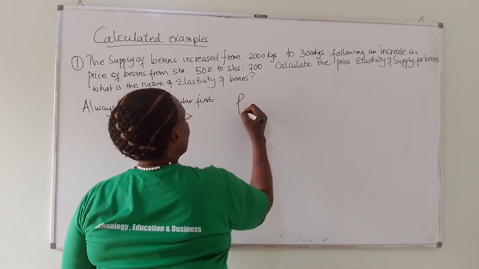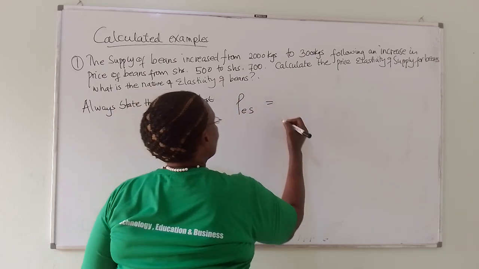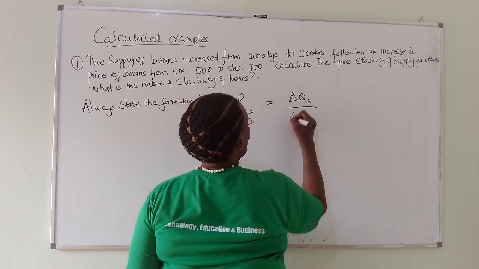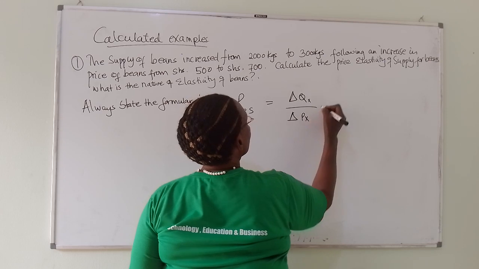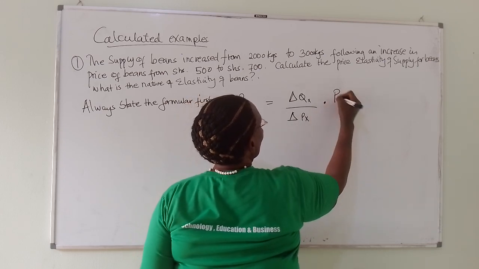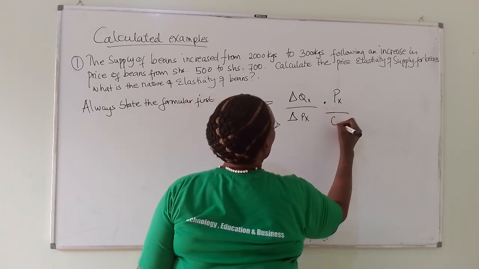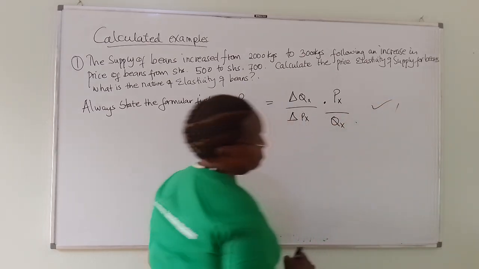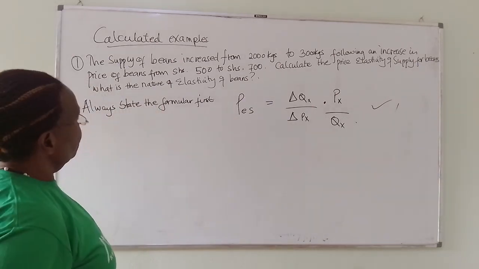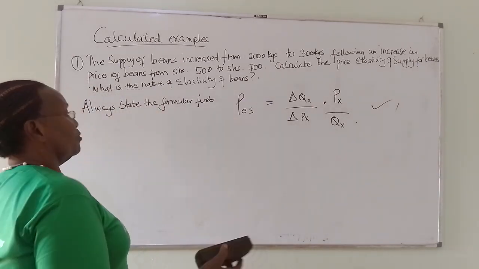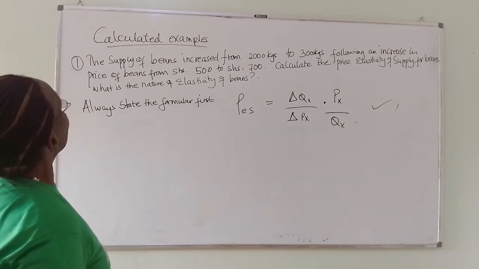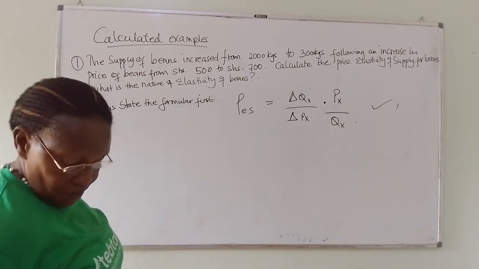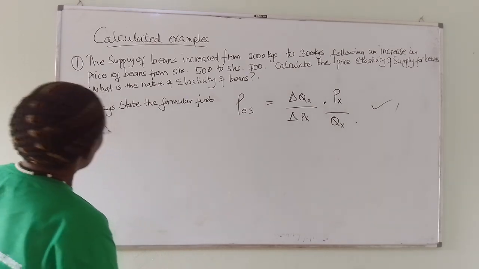So price elasticity of supply is given by the formula change in quantity supplied of X over change in price of the same commodity X multiplied by original price of X over original quantity of X. And there already your 1 mark is awarded. So statement of a formula is very important because you have begun earning the marks even if the calculations are wrong, but already the formula has a mark given to you.